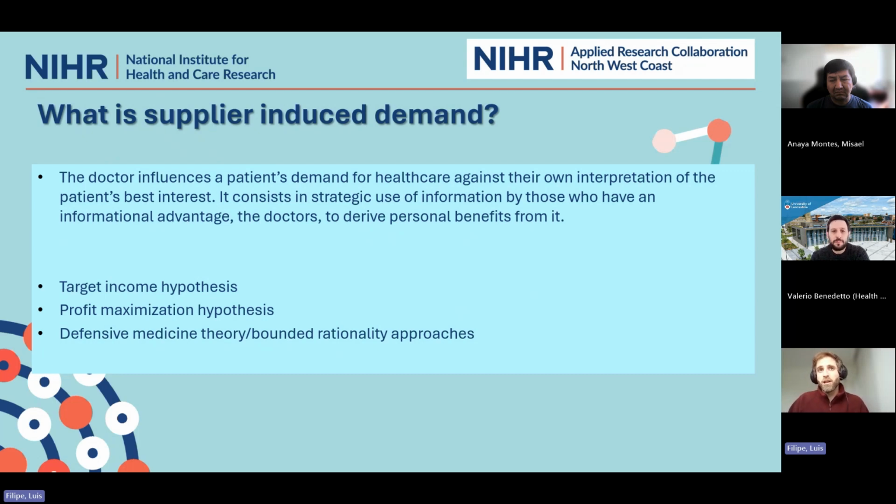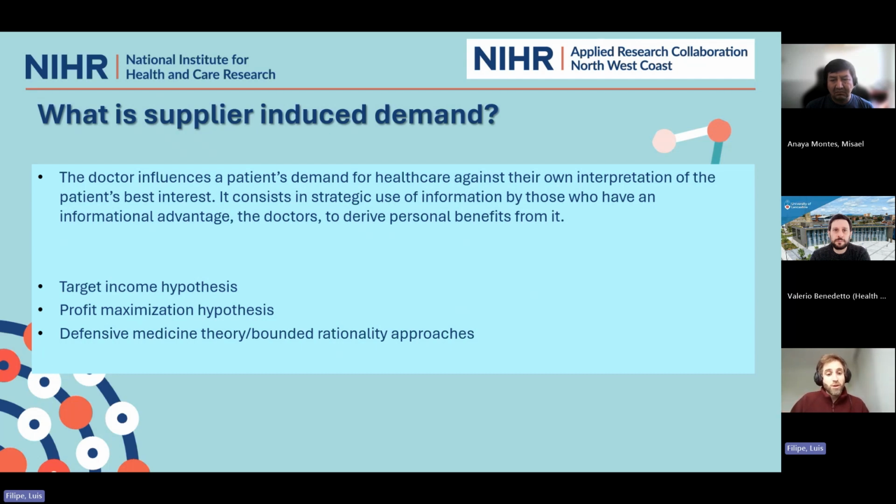Bounded rationality can be something like, sometimes physicians believe that some treatment is amazing, but then it is not, and they just go to the most expensive, the newest one, because they think it's the thing.